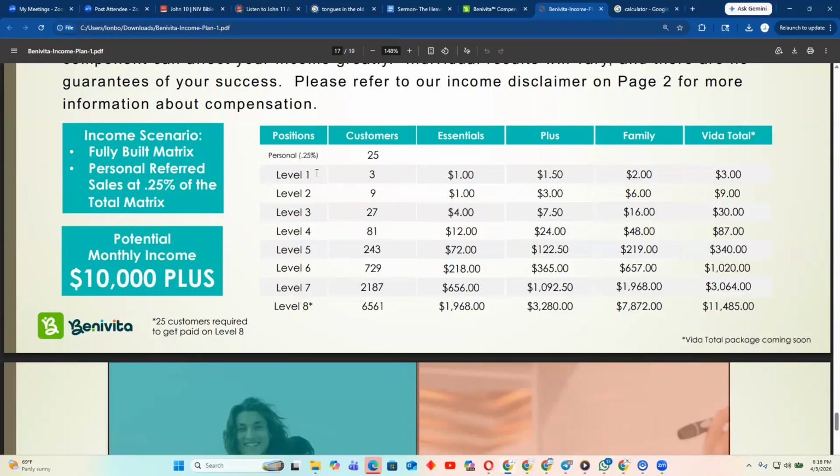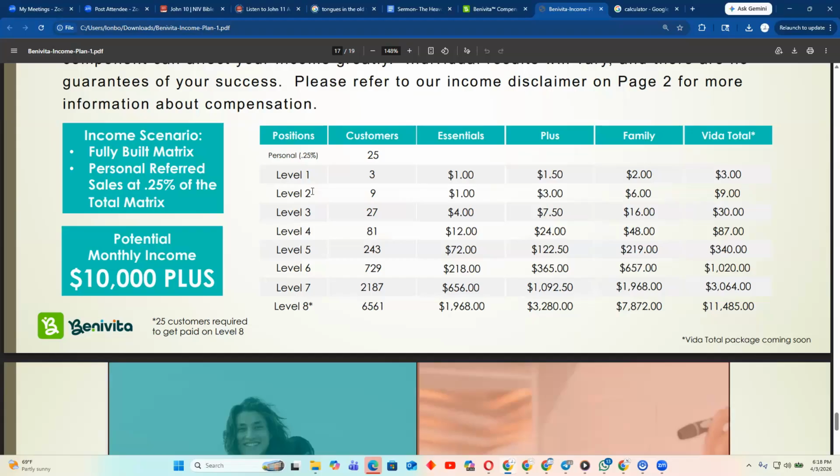Like level 1, you need at least one individual customer yourself to get paid on the 3 customers that land there. Okay. And your customer might be on the second level or something, but you'll get 3 right here. Now you're going to need 2 more customers to get paid on the second level. So you need 3 customers together to get paid right here on level 1 and level 2.